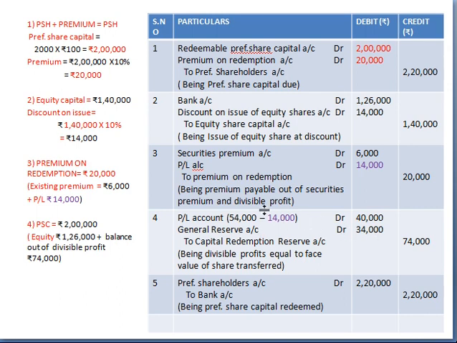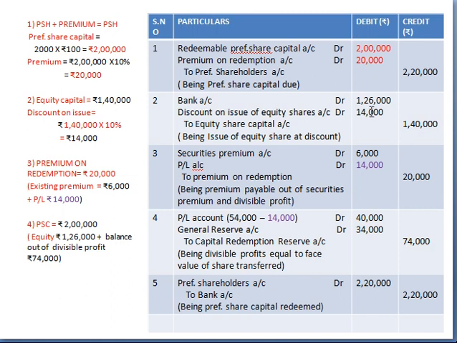That's it. So when any amount is utilized from the divisible profits, the same amount has to be transferred to the capital redemption reserve account. So that's why I passed this entry. Profit and loss account debit 40,000, general reserve account debit 34,000 to capital redemption reserve account 74,000.